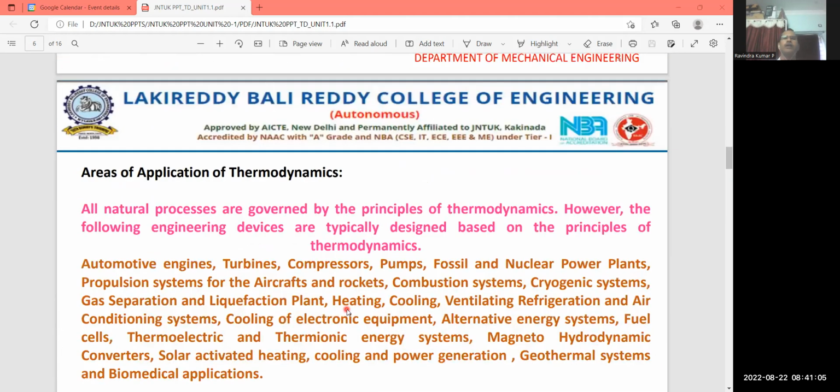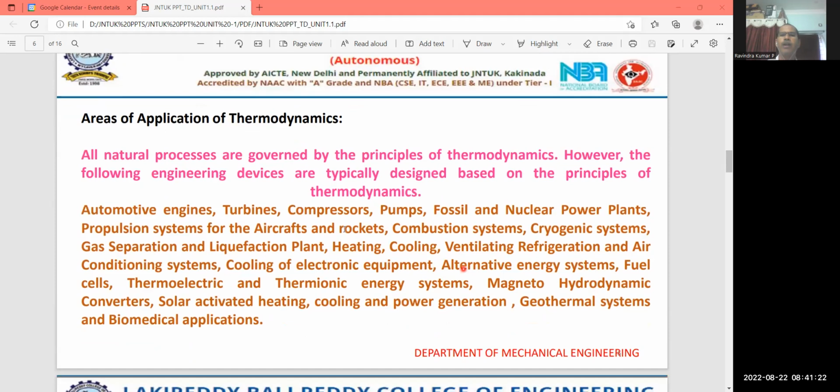Then what are the areas of application of thermodynamics? Generally, all natural processes are governed by the principles of thermodynamics. However, there are certain specific engineering devices which are typically designed based on thermodynamics. What are those engineering devices?